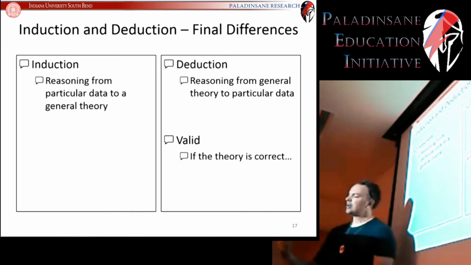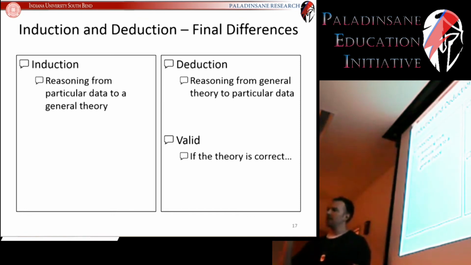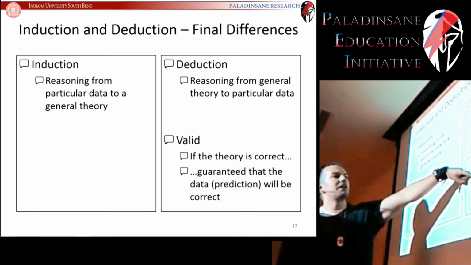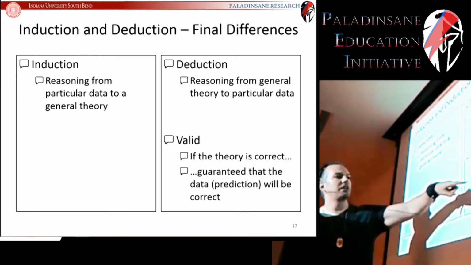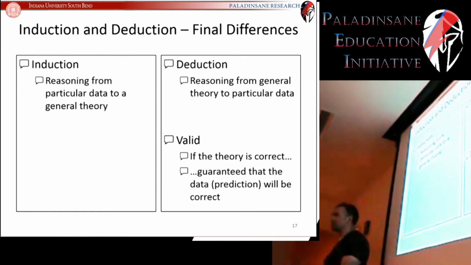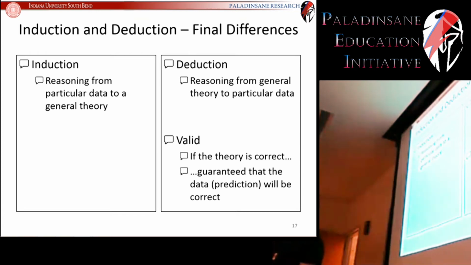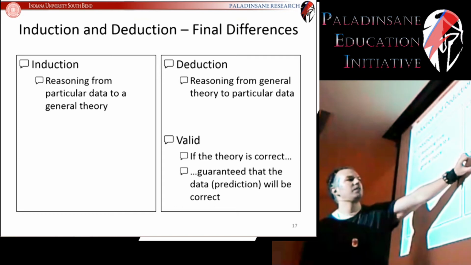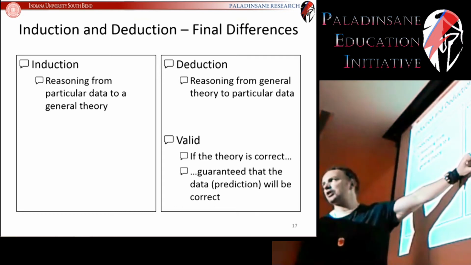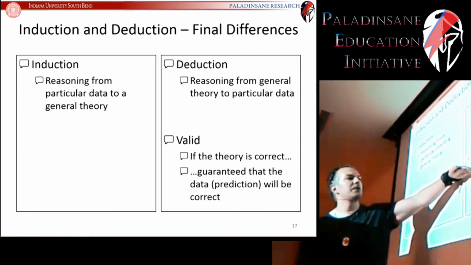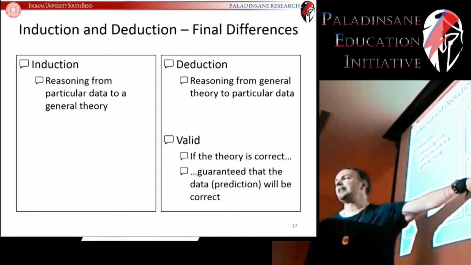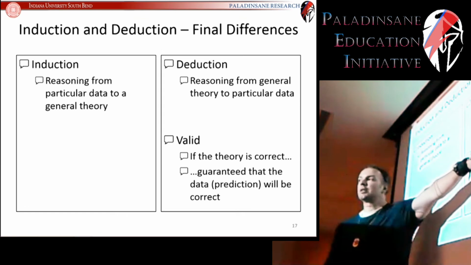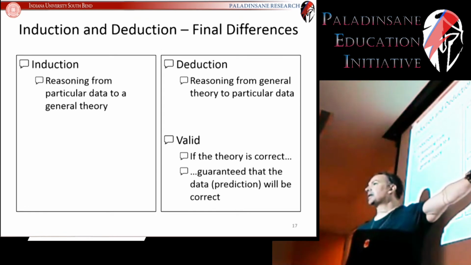What a valid form of reasoning means is that if your theory is correct, then you are guaranteed, if you do deduction correctly, that your prediction will be correct as well. So again, if you start with correct information and you apply the reasoning, you're guaranteed that your answer is going to be correct. And we saw this with the logic puzzles.